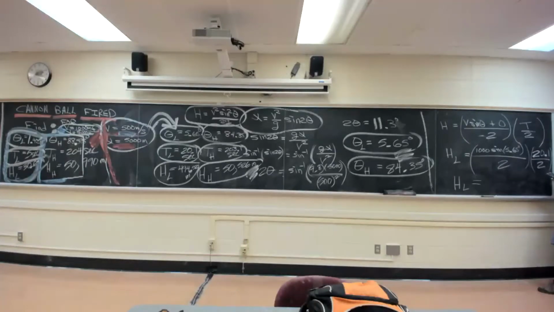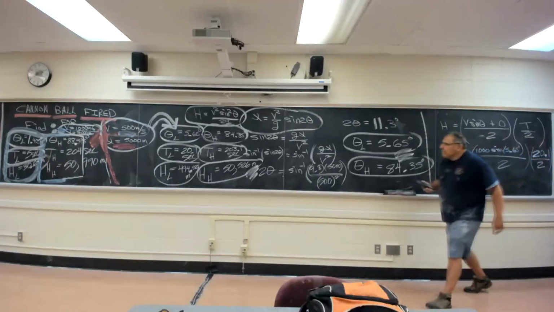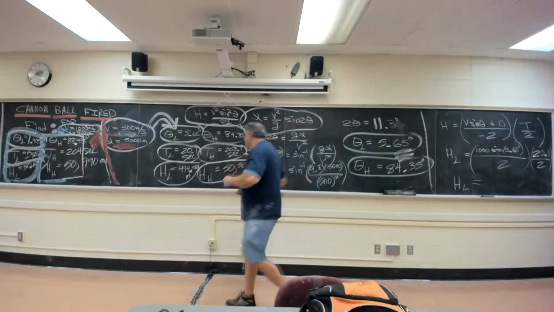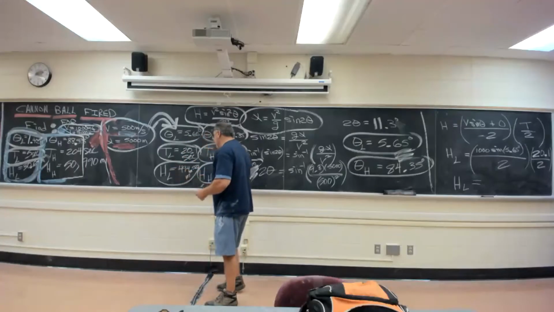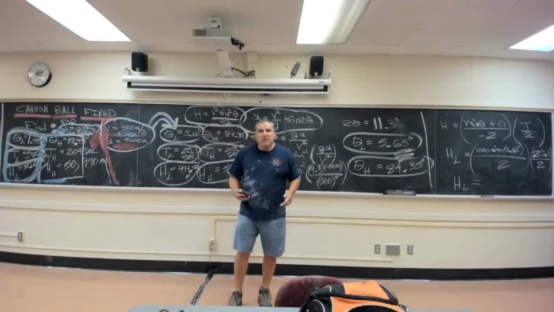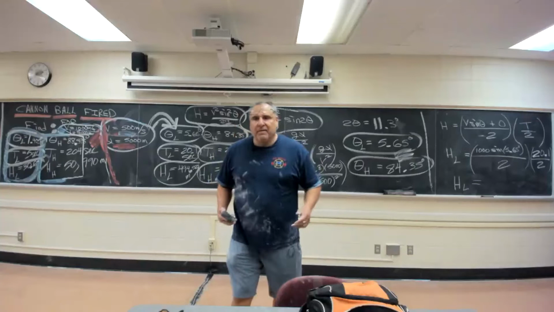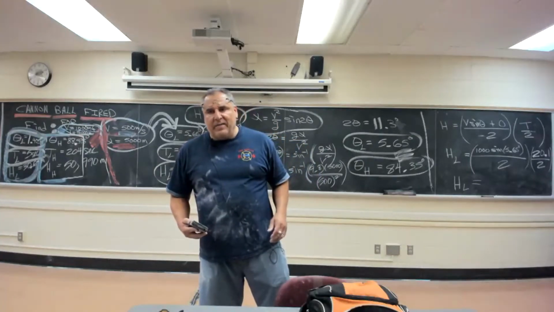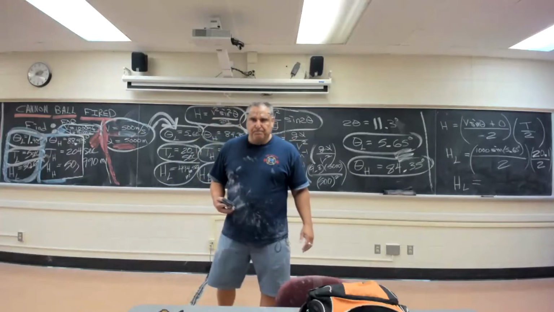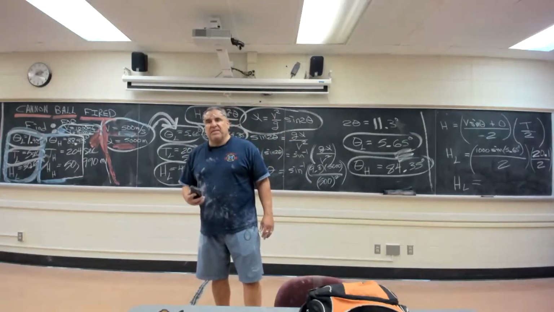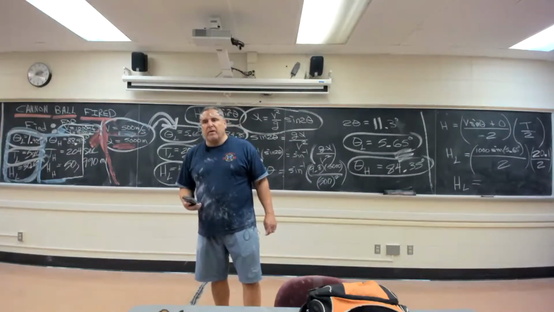Divide by 2. 494.718. That's pretty close. That's 0.19 off. That's way, way less than a 1% error. That's like 1/20th of a percent error.